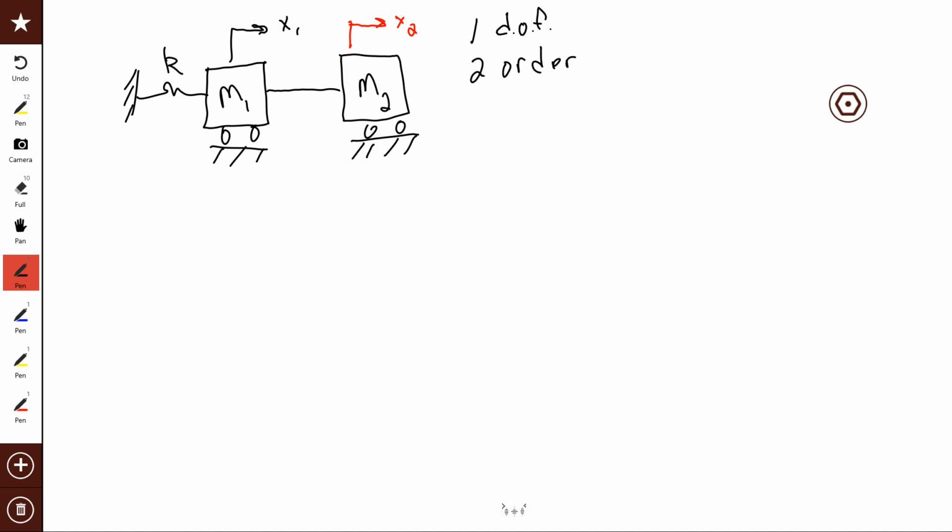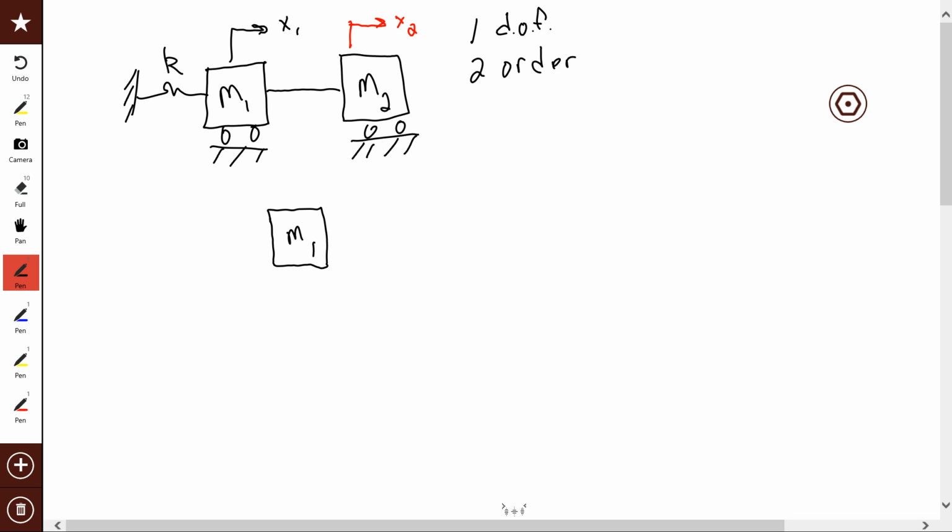So anyway, we have these two guys, and I'm going to draw a free body diagram. Since I have 2 masses, I'm going to separate them off and put the masses separately. In this particular case, it would probably be just as easy to write one free body diagram because the 2 masses are in essence 1 mass, since they're moving together. But I'm going to separate them off because I'm trying to make a point. So here's mass 1. Get the spring force.